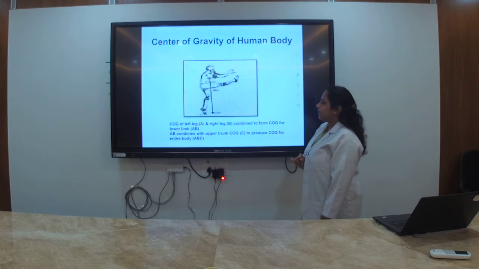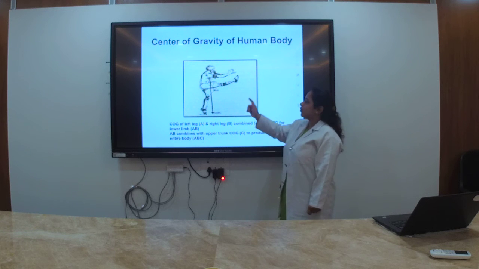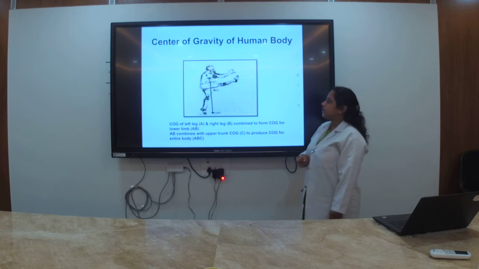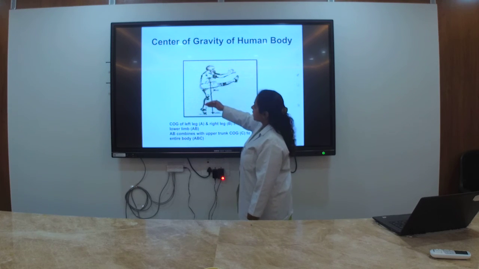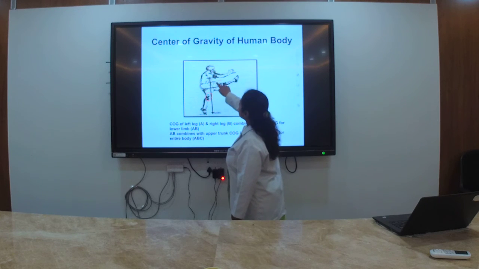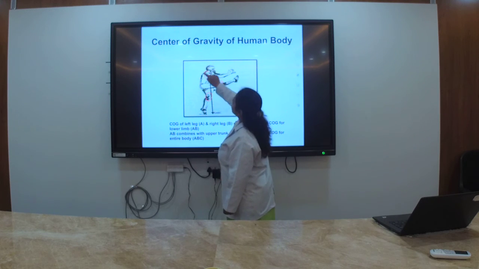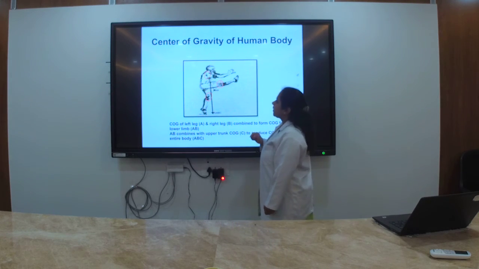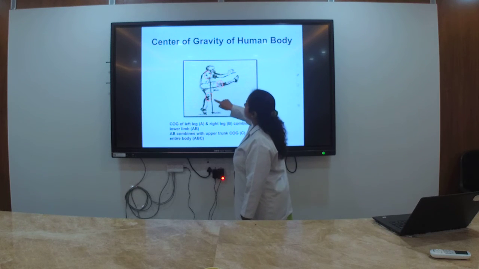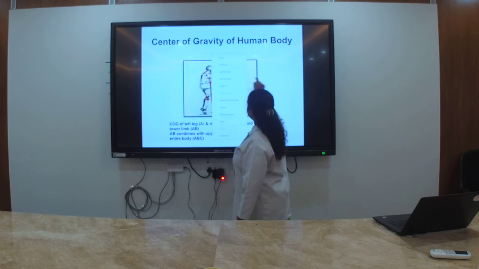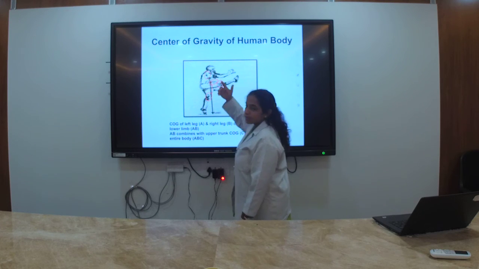Coming to a very different example of a football player. Now how is the center of gravity of this person? There is one center of gravity called A for one lower limb, one center of gravity for another lower limb, C is the center of gravity for upper body, and all these three are combined as B, C. And from this combined center of gravity, what is line of gravity?